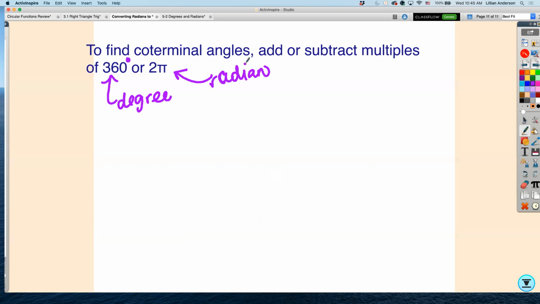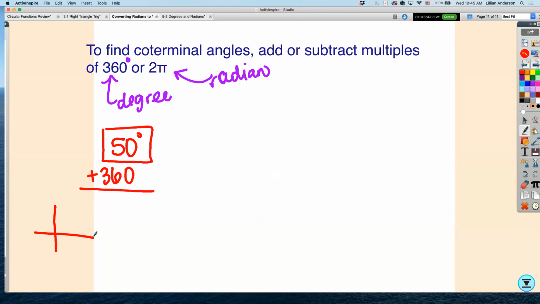Okay? So let's practice. If I gave you 50 degrees, and I asked you to give me 2 positive and 2 negative coterminal angles, all you do is you would take 50 degrees and you would add 360 degrees to it.